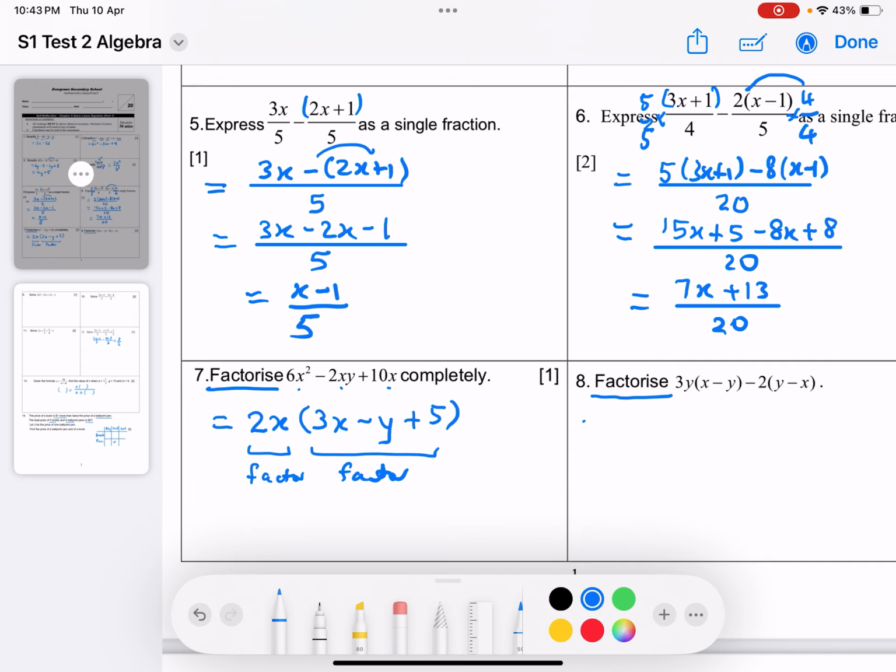In the next sum, x minus y and y minus x are not the same. We need them to be the same in order to factorize out x minus y. To do that, we change the sign in front of 2, and then we can switch the terms.